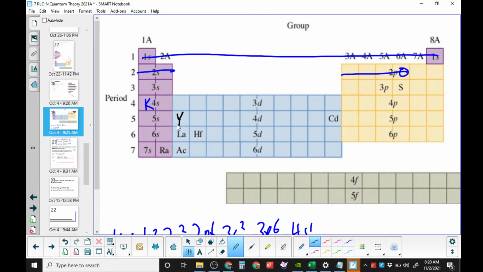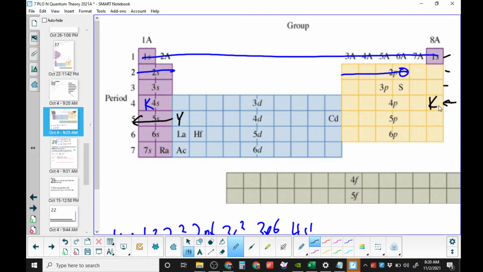Got your periodic table out? Excellent. What's the noble gas before it? So if you go this way and then go back up one, what's that noble gas? I think you went up too far. It is 1, 2, 3, 4 down.